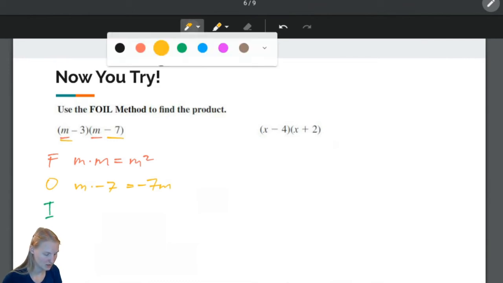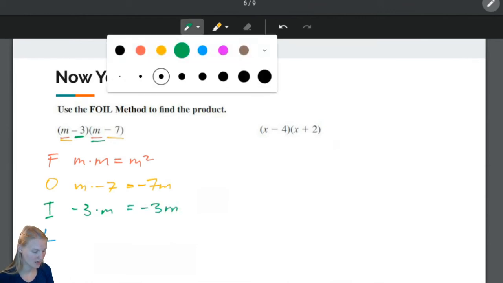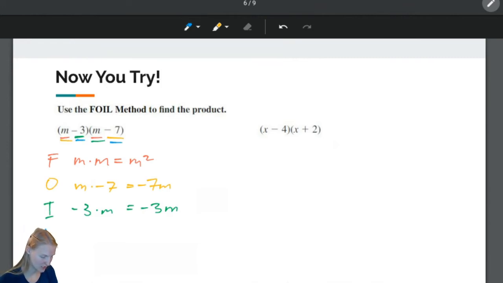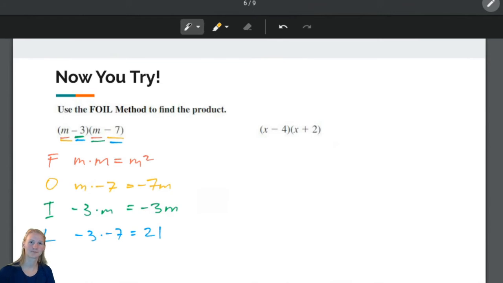Inside is negative 3 times m, which is negative 3m. And last, our last terms are negative 3 and negative 7. Negative 3 times negative 7 is positive 21.